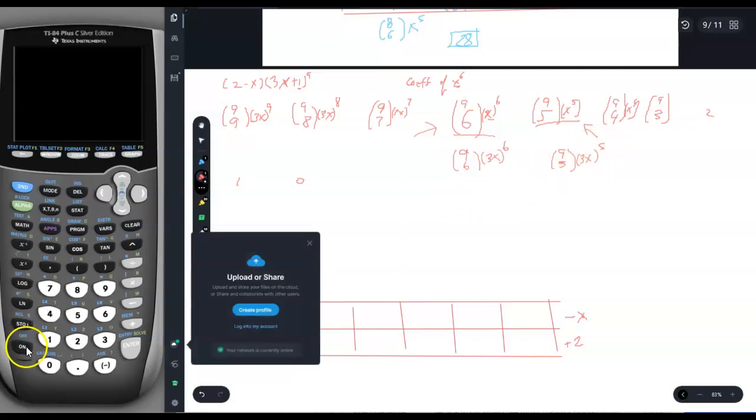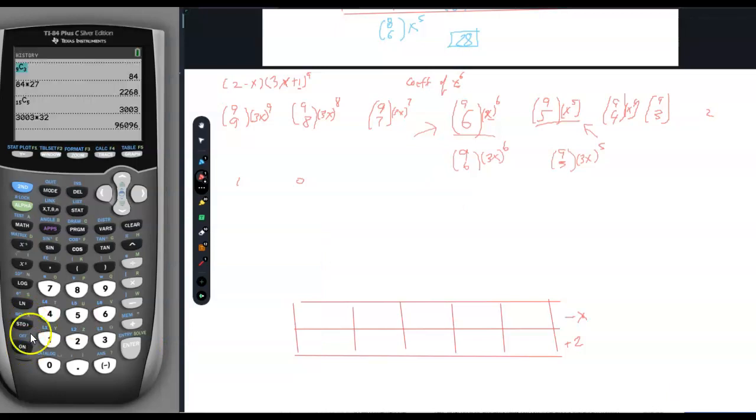What is 9 choose 6? 9 choose 6 is 84. And what is 9 choose 5? It is 126. Okay, so let me write those down.